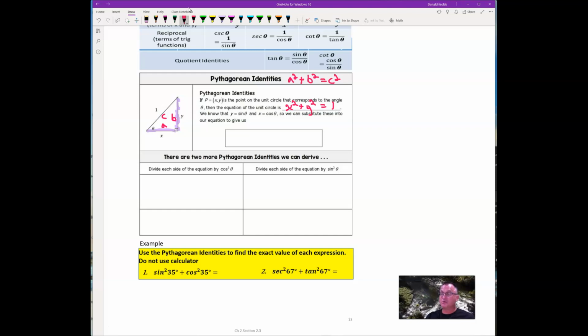All right, so in this case, since it's a unit circle, this is the radius of the unit circle, so its radius is 1. That's the hypotenuse of our right triangle.